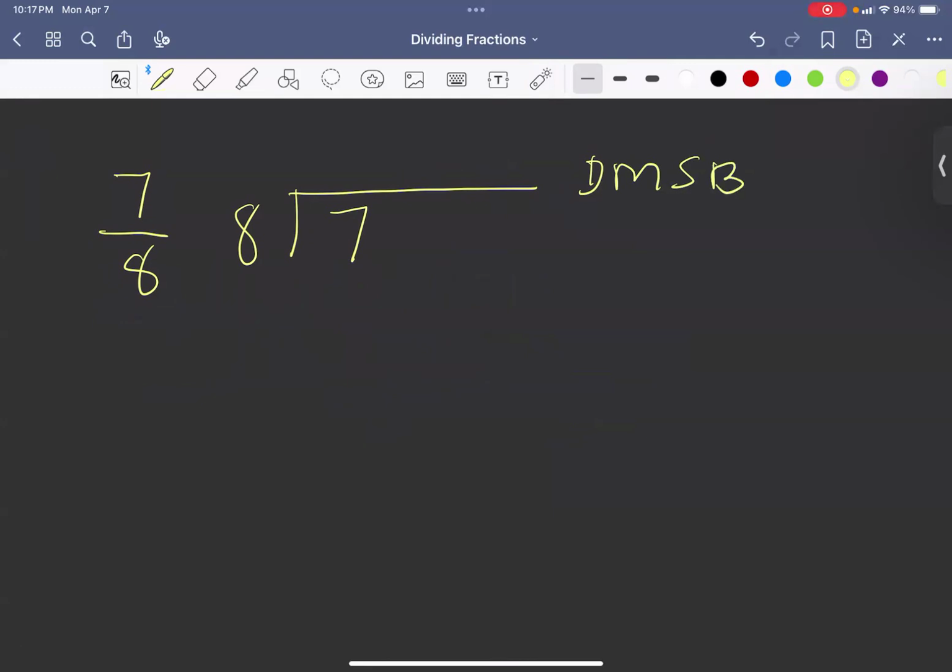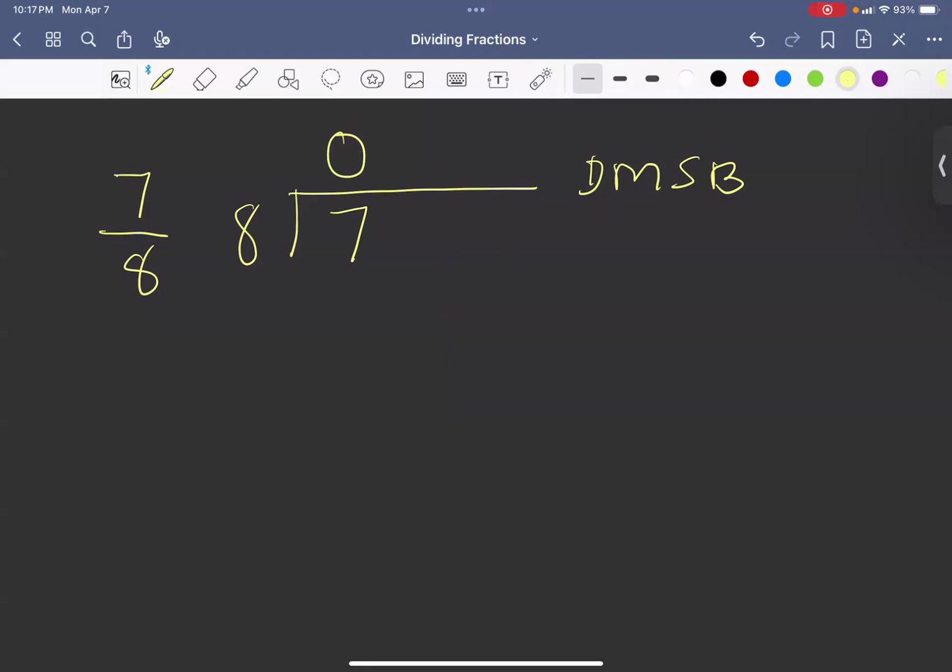Let's do 7 over 8. 7 goes in the divide box, 8 goes outside. Divide, multiply, subtract, bring down. All right, so first thing we've got to do is 8 into 7. We can't do it. I'm going to put a 0.